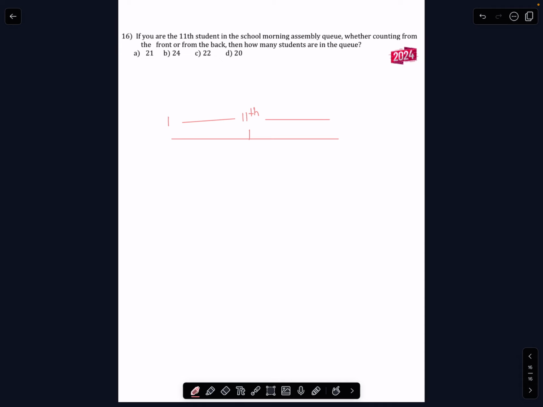So we have the first person here, right? And so in order to go from 11 to 1, you have to subtract 10, right? So we're going to do the same thing on this side, however, the opposite, and we're going to add 10. So 10 plus 11 is 21, right? So there's 21 students in the assembly, and that's number 16.